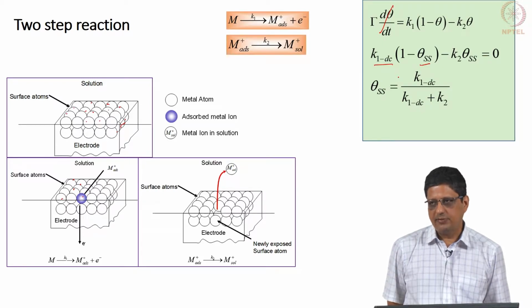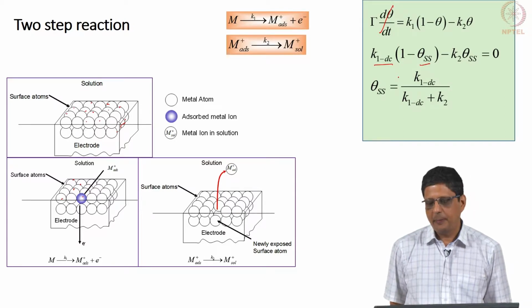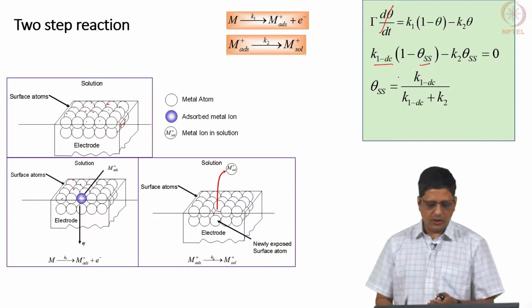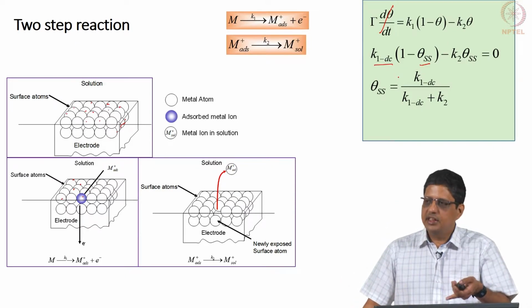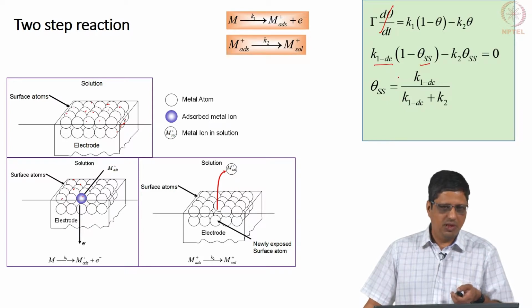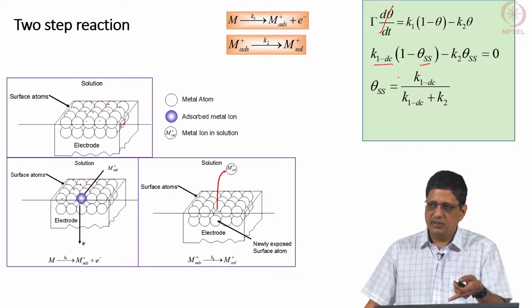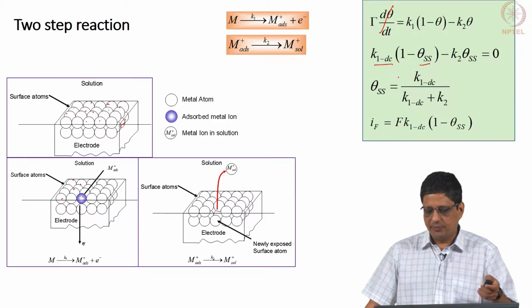So, it makes sense, fractional surface coverage has to be between 0 to 1, and it will go to 0 when you go to very negative potentials. Of course, we are assuming that the reverse reaction is not possible. When you go to negative potentials, you cannot assume that. Even when you go to 0 potential, you have to assume that reverse is possible. If you are in the very positive potential, then you can neglect the reverse reaction, because you are just going to take out all the electrons, it is not going to come back to the M species.